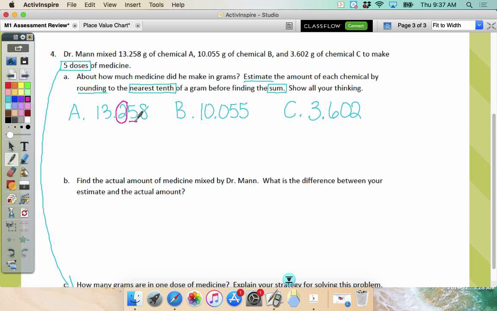Okay? So Cody, the 5 tells me stay the same or add 1. So the 2 becomes a 3, and then I flex my muscles like a hero. Digits to the right change to 0. What comes after that? All the other digits stay the same. So this first number is 13.3.